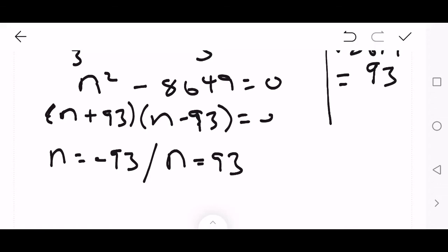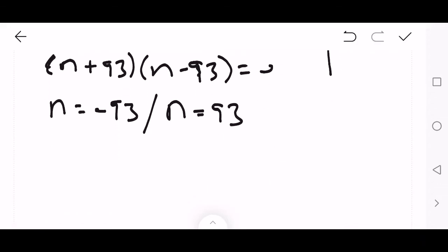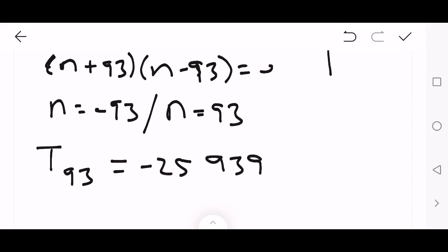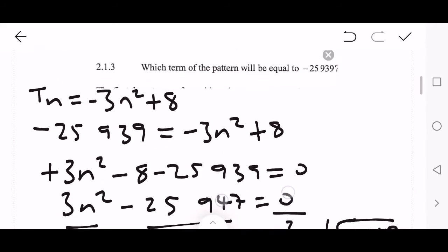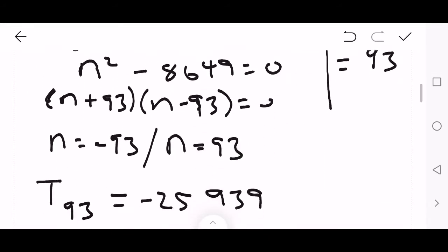So T93 will be equal to minus 25,939, and we can test this by substituting into the equation.